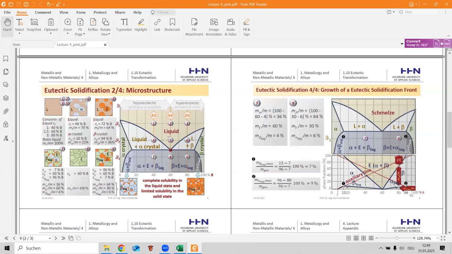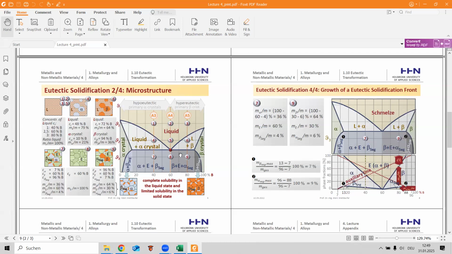So it's liquid plus alpha, liquid plus beta. Here we have a eutectic point. It's a point where a liquid transforms momentarily into the two solid phases, so alpha plus beta, without any transition interval.